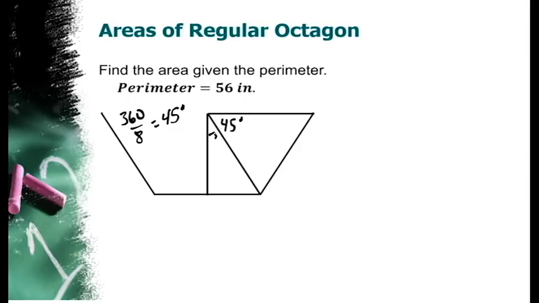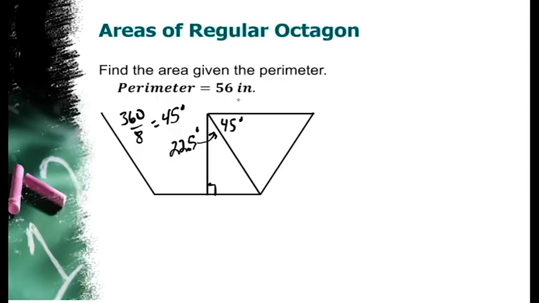So that means this top angle in our little right triangle that's created here with the apothem and the radius is half of 45, which is 22.5. A lot of students will freeze here because 22.5 isn't the kindest looking angle measure in the world, but it is what we want it to be. So we're going to stick with that 22.5 degrees in that angle of that triangle.